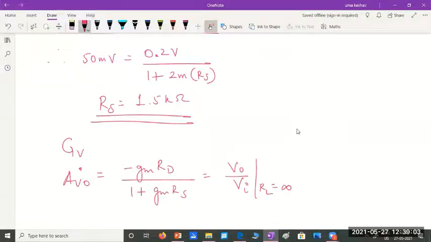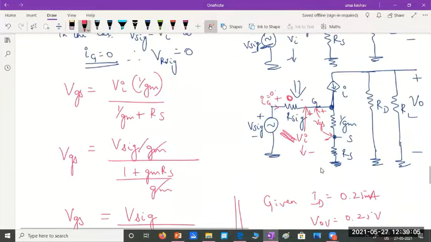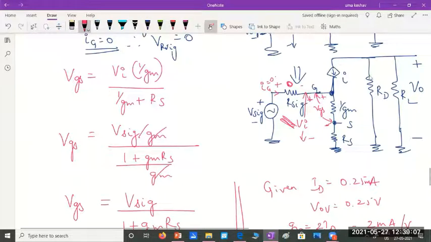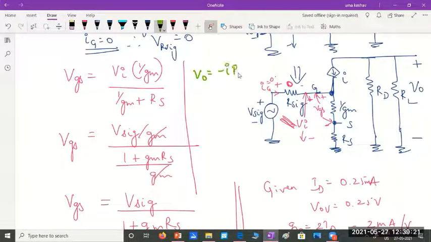Remember, already we have the complete. So what is the value of V naught if RL is not there? It is minus I into RD. We had already solved all this. If you don't remember, I'll just write here how very easily you can solve. V naught is minus I into RD when RL is not there. It is this voltage. This is V naught.